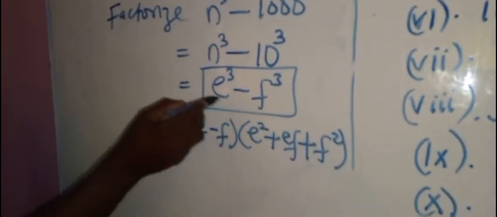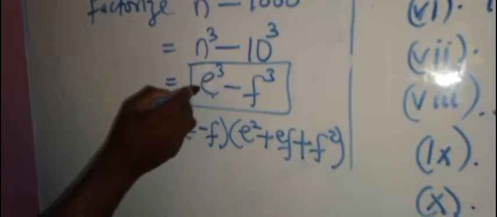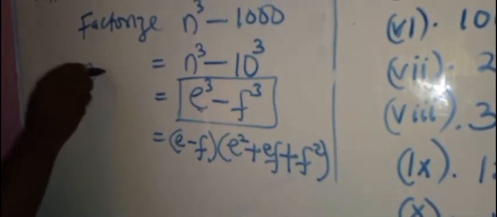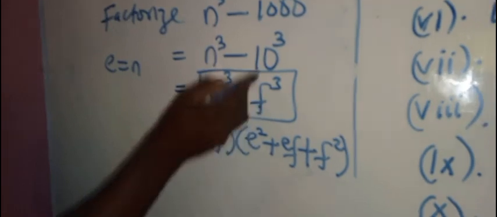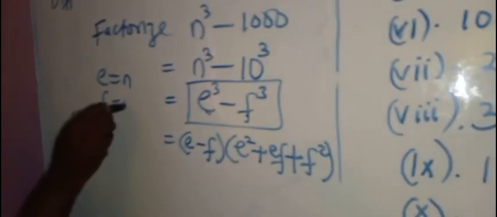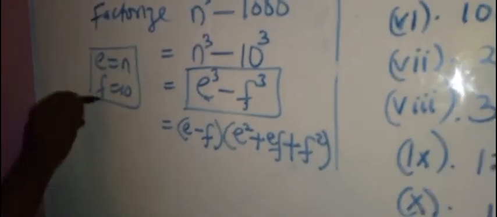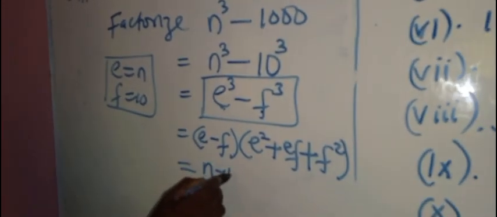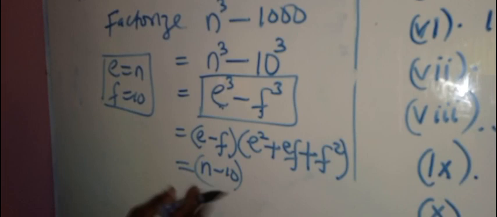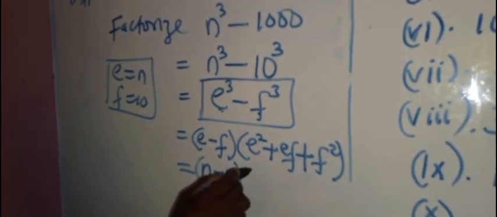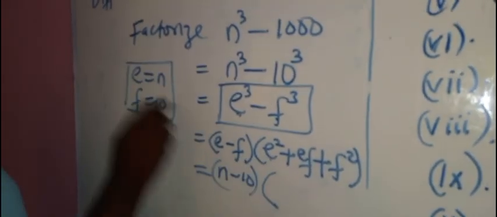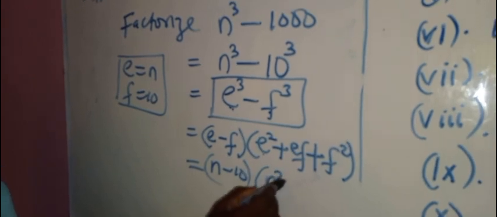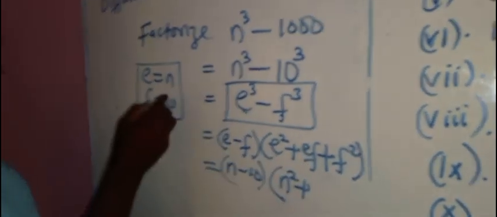Meaning that if you compare this to this, e is n, f is 10. Okay, so as we conclude, let's substitute. That will be n minus 10. That's linear. You can't factor it again. It's already a factor. Then n squared plus ef, n times 10, that will be 10n.